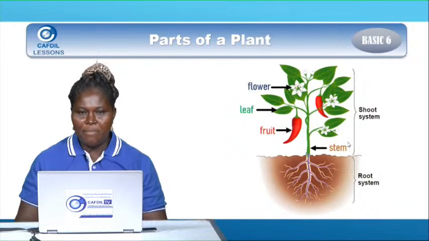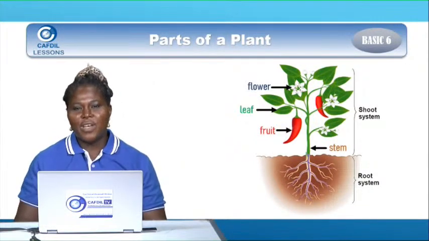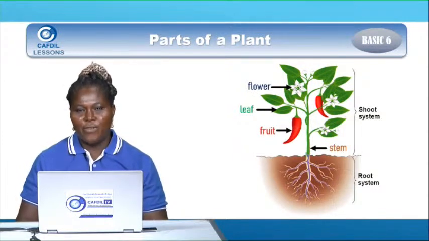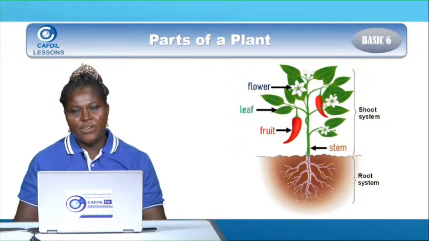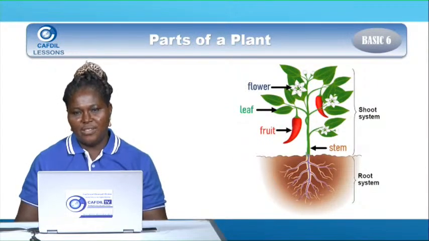We have the stem, the fruits, the leaf, and the flower being the shoot system, and down, the roots, being the root system. So these are the parts of a plant: flower, leaf, fruits, stem, and then the roots.